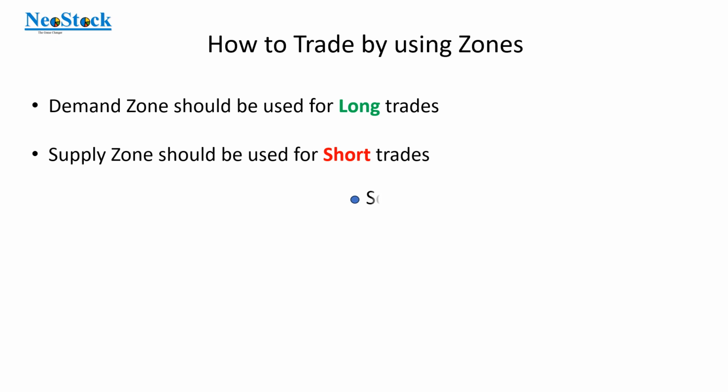For a short trade, first you sell the stocks. After reaching your target, you will buy the stocks, because you know prices are going down. When prices are going down, first you sell and then you buy, you get the profit. It is exactly the reverse of the long trade.